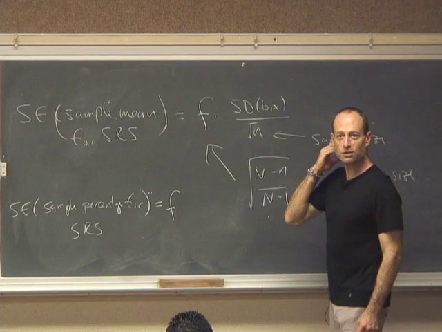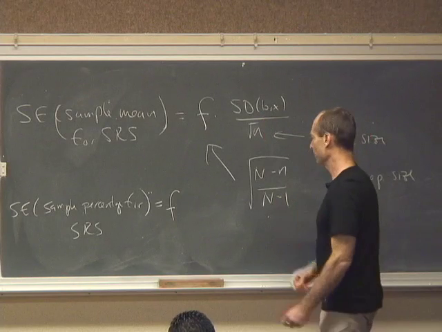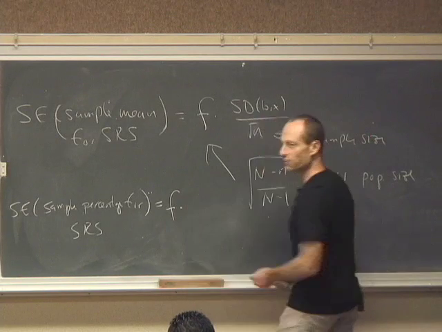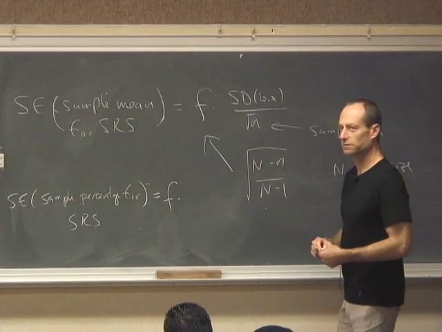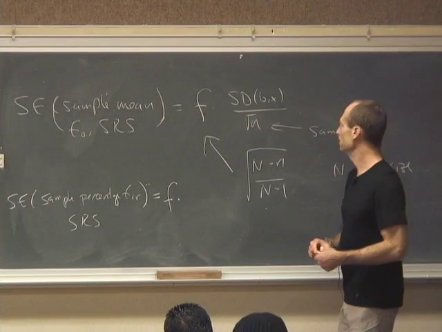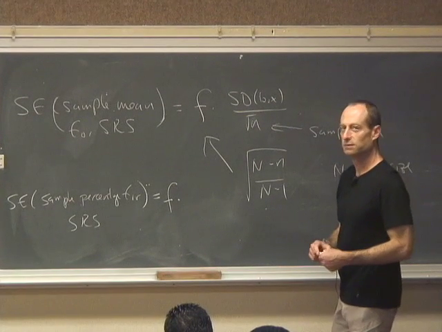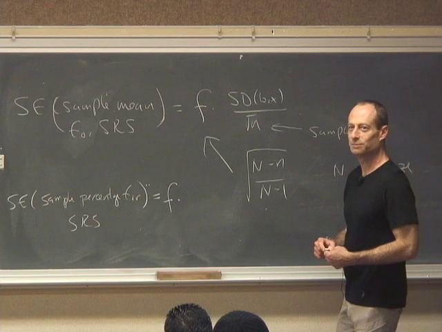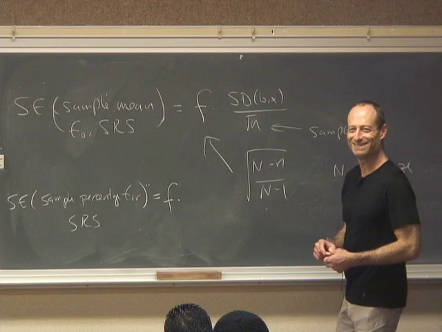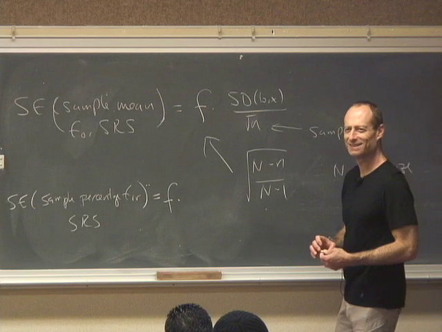What's the SD of the box in terms of the fraction of 1s in the box? Ring a bell?